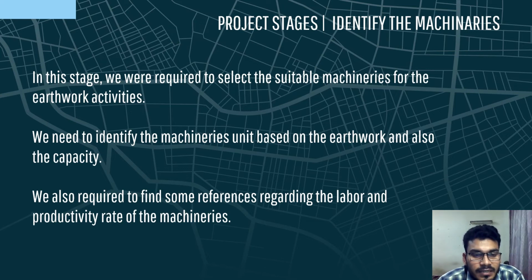In this stage, we are required to select suitable machineries for the earthwork activities, identify the machineries based on the earthwork and also the capacity, and find references regarding the labor and productivity rate of the machineries.